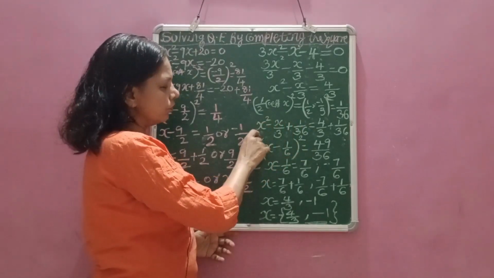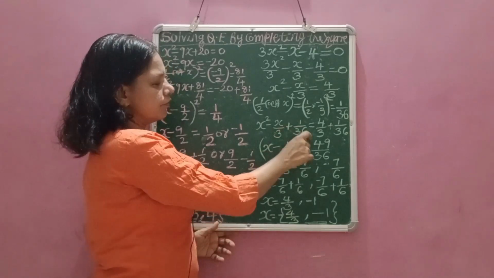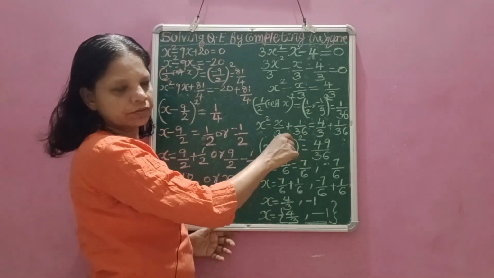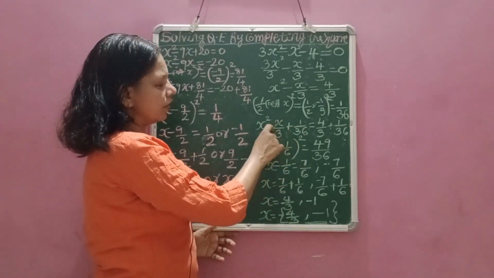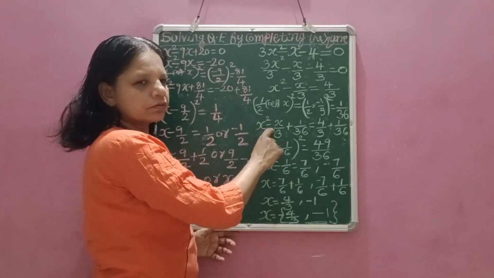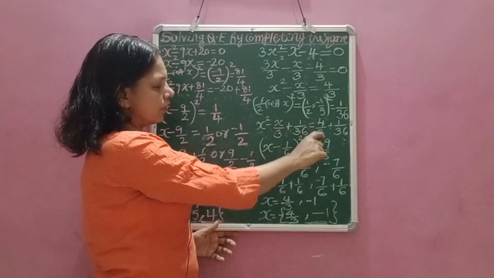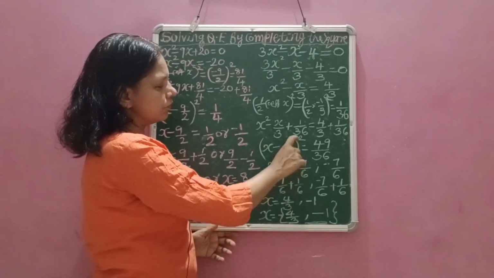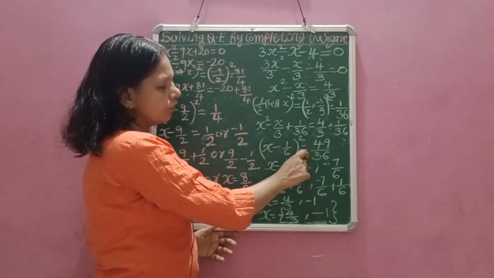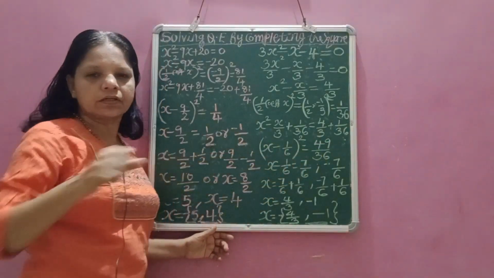What is a? Square root of x square, x. What is b? Square root of 1 upon 36, that is 1 upon 6. And sign of the middle term is minus. Therefore, sign of the binomial is also minus. So this can be written as (x minus 1 upon 6) the whole square equal to 49 upon 36.